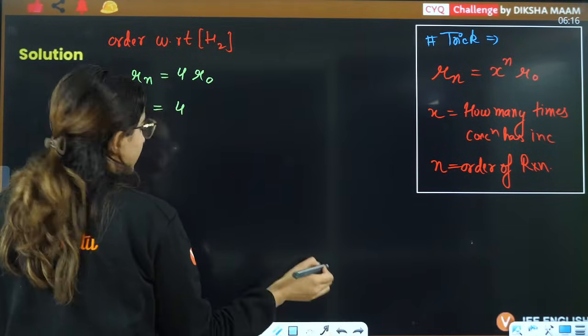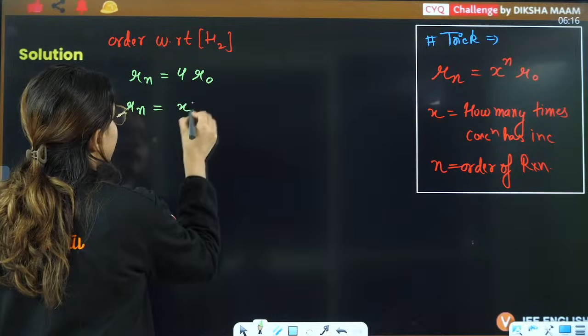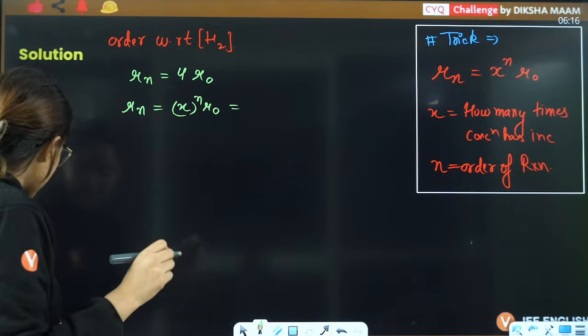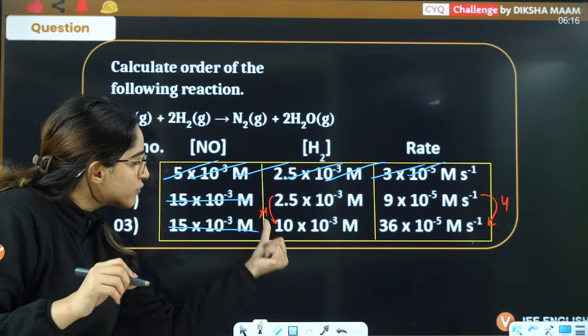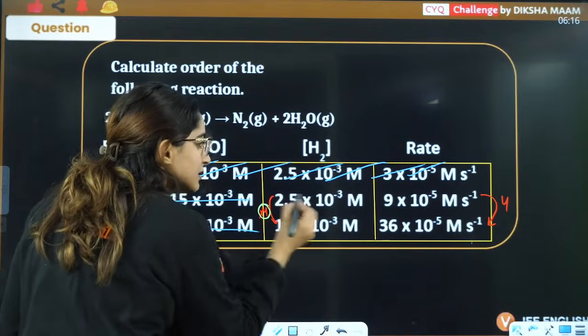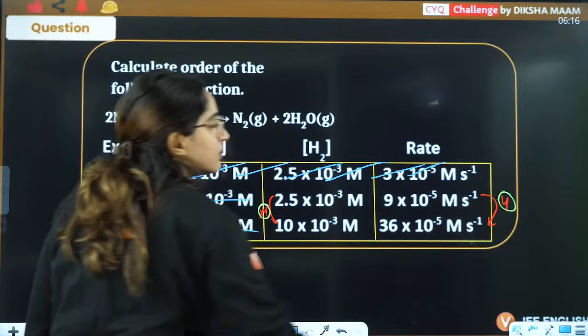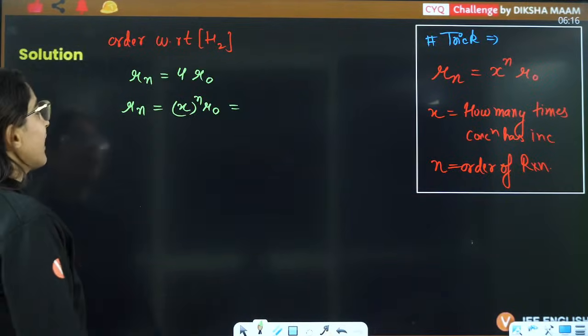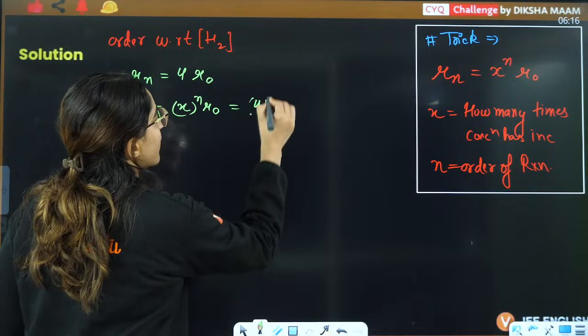How do you write it? I have written it like this: x raised to power n of old. And what is x here? It is also increasing 4 times. So this is 4 raised to power n of rate old.